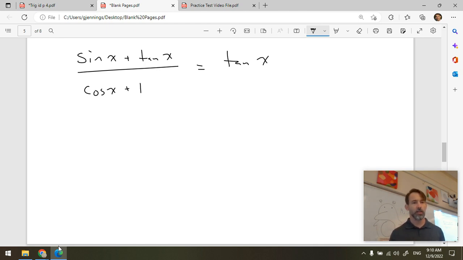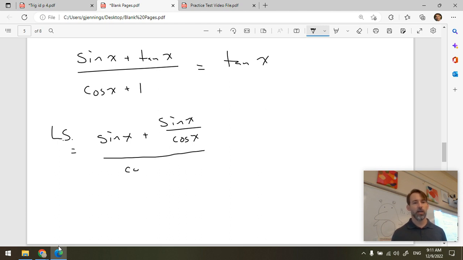So let's start work on the left side. But there's also another skill that we need to apply, and I'll highlight it as we get there. This is going to be sine x plus sine x over cosine x. That's tan x written in terms of sine and cosine. And then we're still going to be dividing by cos x plus 1.